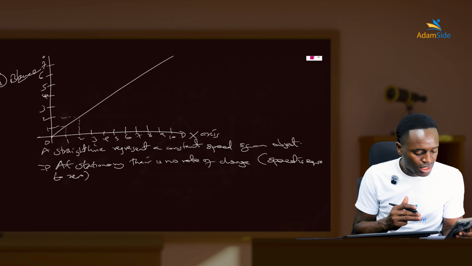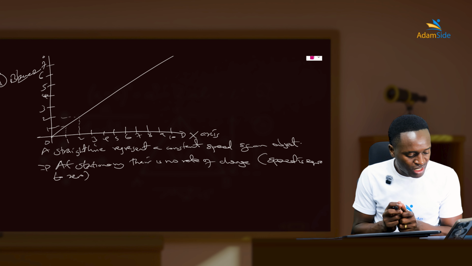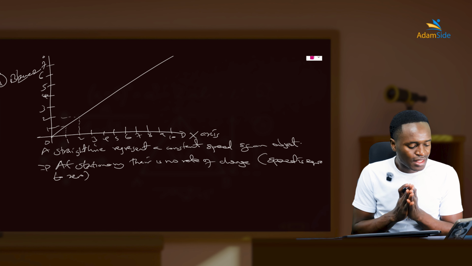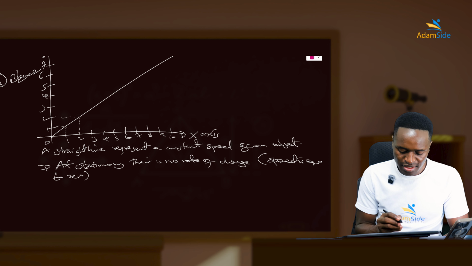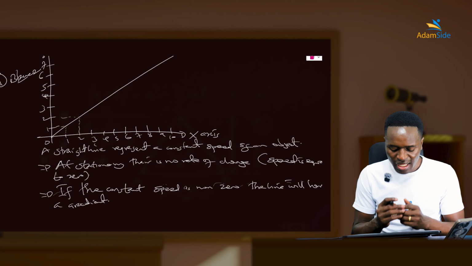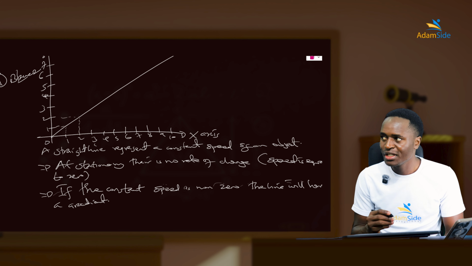Another concept when doing questions that come from distance time graph in IGCSE extended math, we say if the constant speed is non-zero, the line will have a gradient. That's also very important. What does this mean?